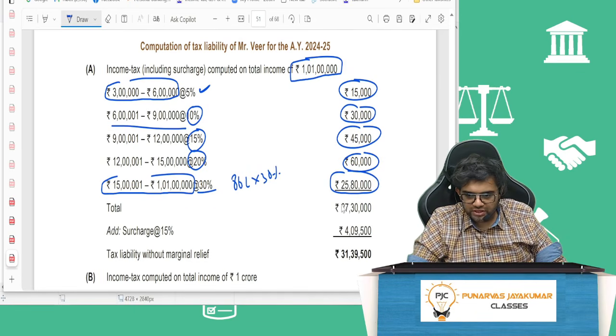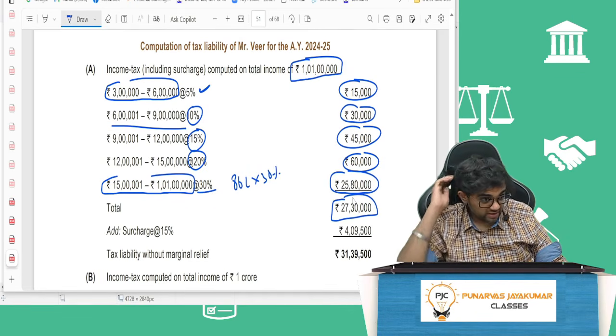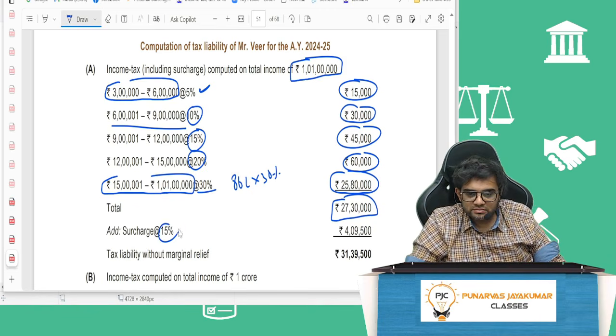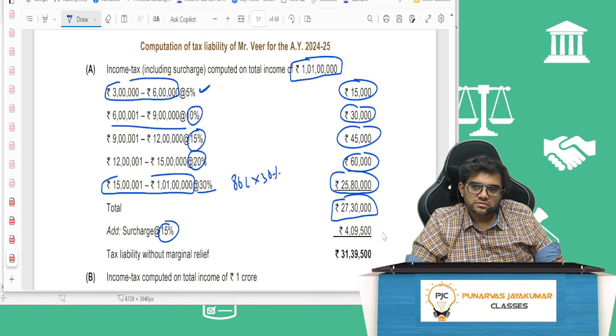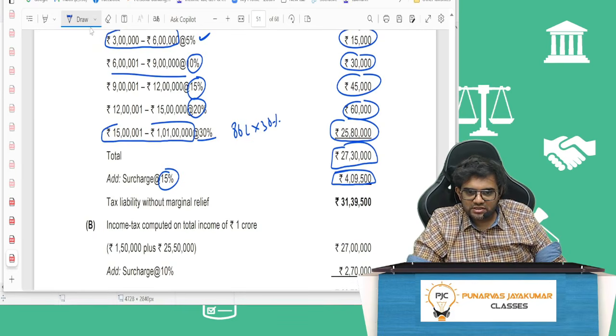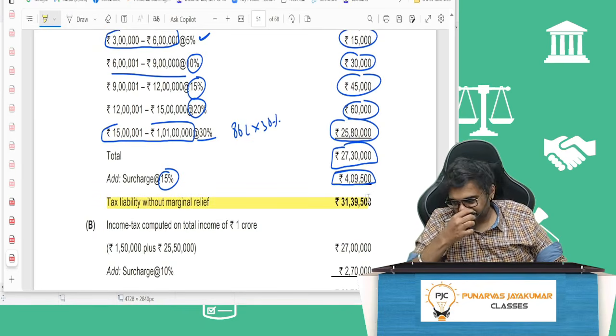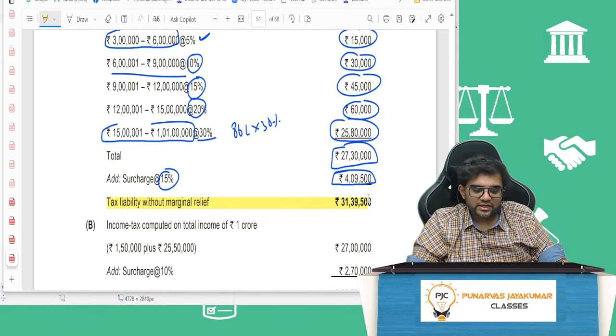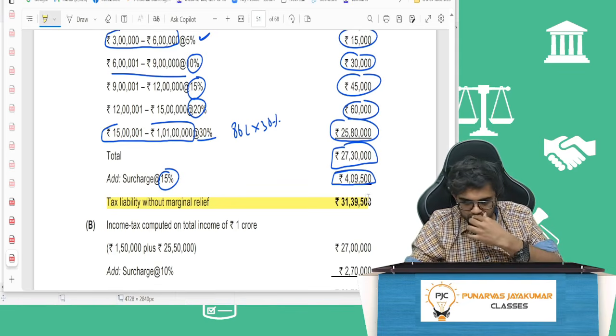So what is my total? 27 lakh 30,000. But because of 1 crore 1 lakh, my surcharge has become 15%, 4 lakh 9,500. So how much I have to pay tax? 31 lakh 39,500. This much amount I will have to pay.